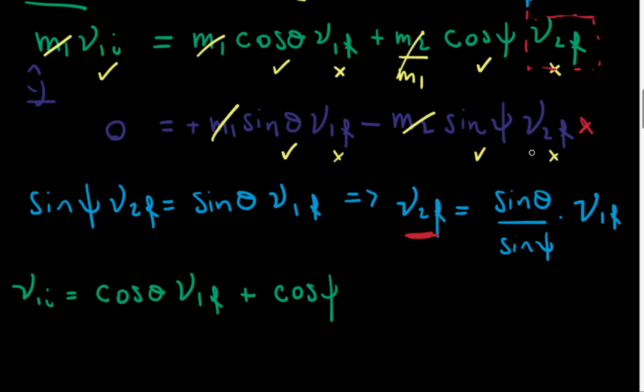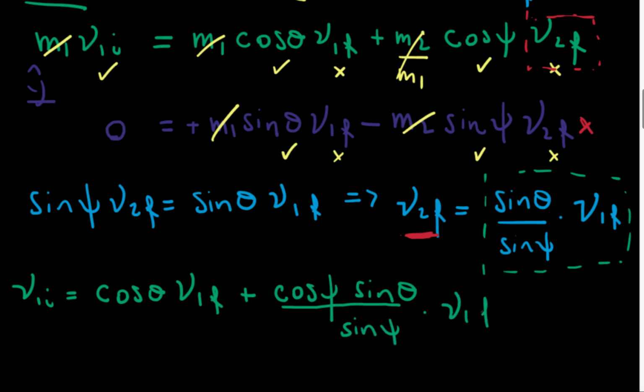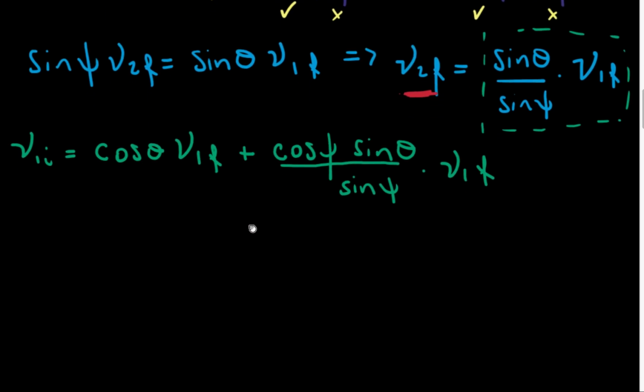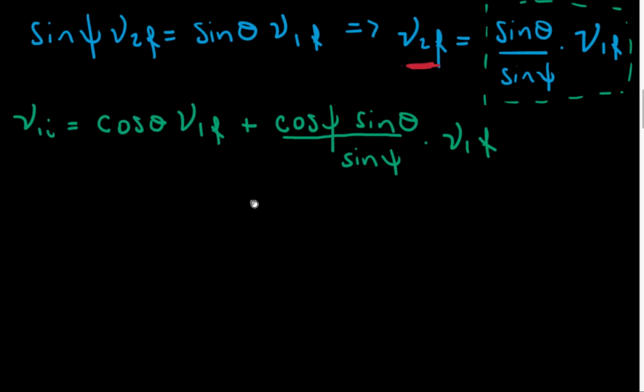Now this V2 final here is this whole expression there. Do you see that? So I'm just going to go ahead and write that. So this is sine theta, and now this whole thing is divided by sine of phi multiplied by V1 final. Okay, so we are almost done.